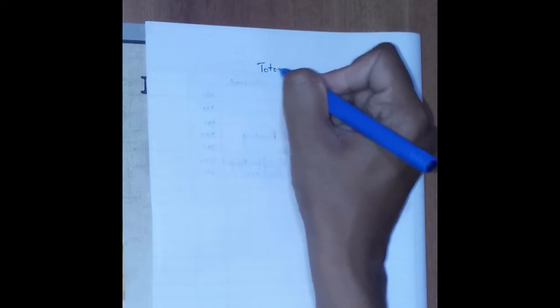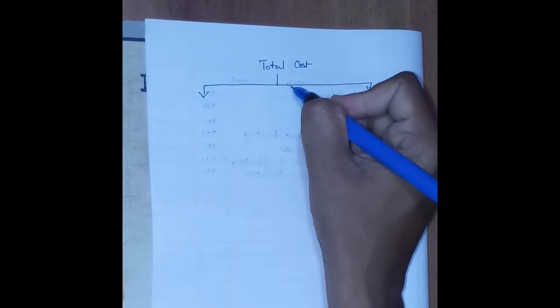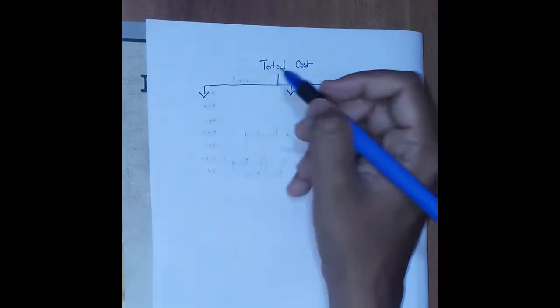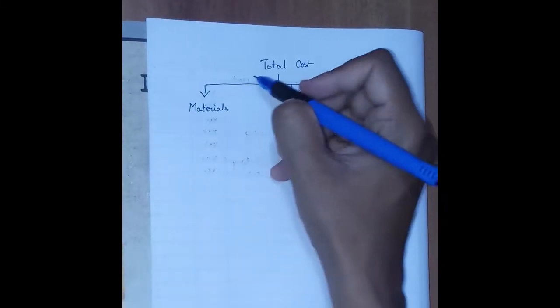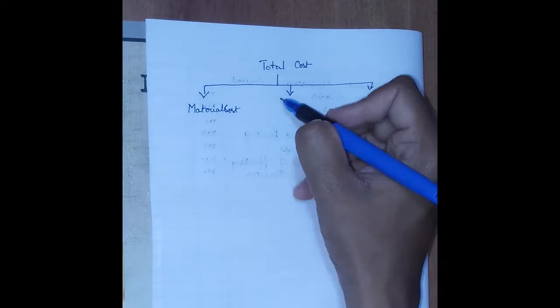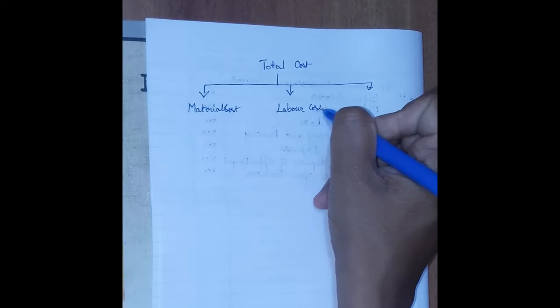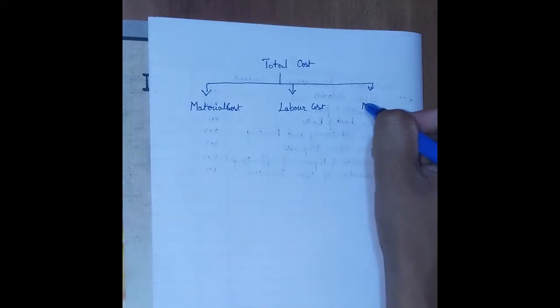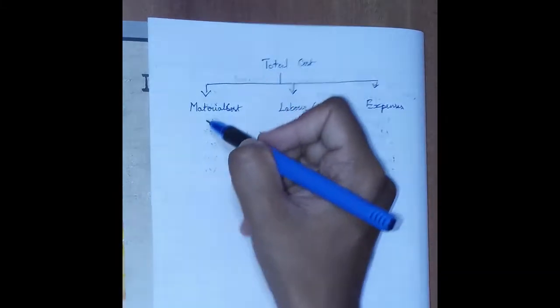Total cost depends on three important factors: one is material cost, then labor cost, then expenses.